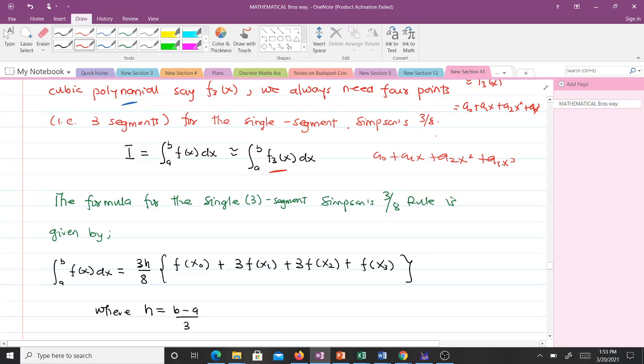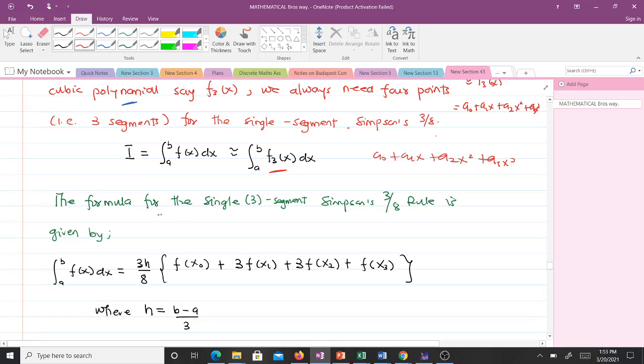After doing this, we can go through the process we went through to derive the trapezium rule, if you watched that video, but we're not going to go through the derivation in this video. So straight away I'm going to quote the formula.